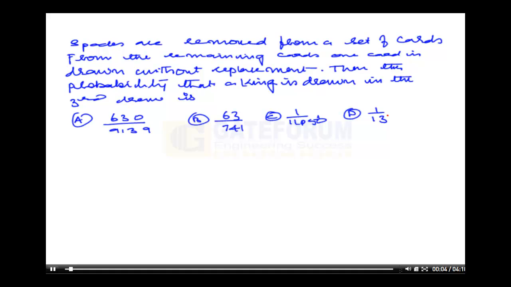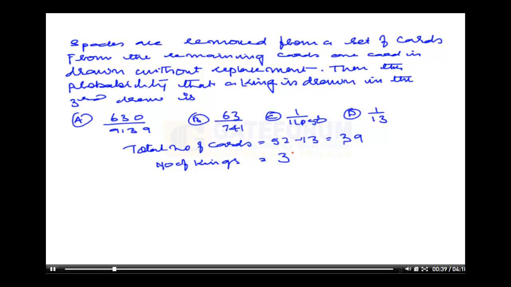Probability of drawing a king in the third draw. Also given spades are removed, therefore the total number of cards is 52 minus 13, that is 39. And the number of kings in these cards should be 3, because spades are removed, and spades contain 1 king.